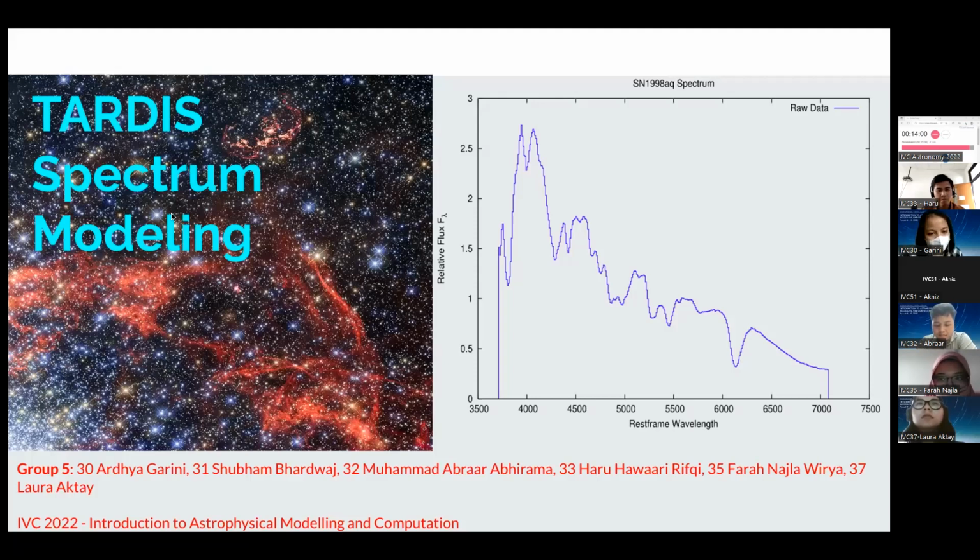It is a Type Ia supernova, and this spectrum was taken one day after maximum light in the optical band, in the B band filter in particular. We are showing this supernova remnant and supernova spectrum because TARDIS is basically built to generate spectra of supernovae through simulations. Okay, so can you go to the next slide?